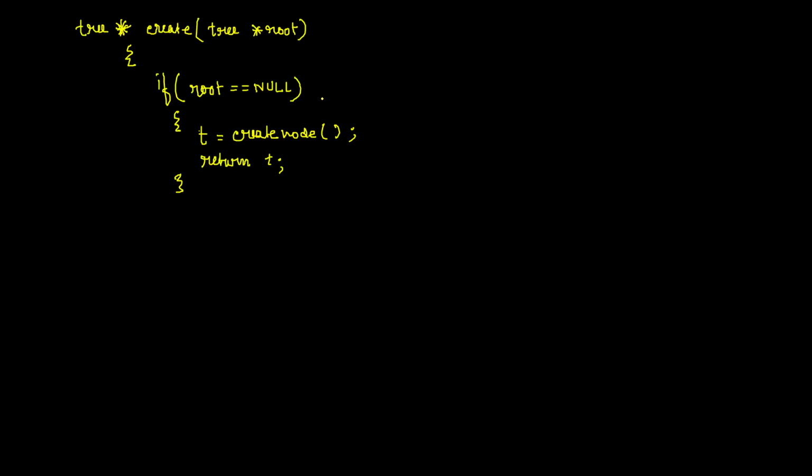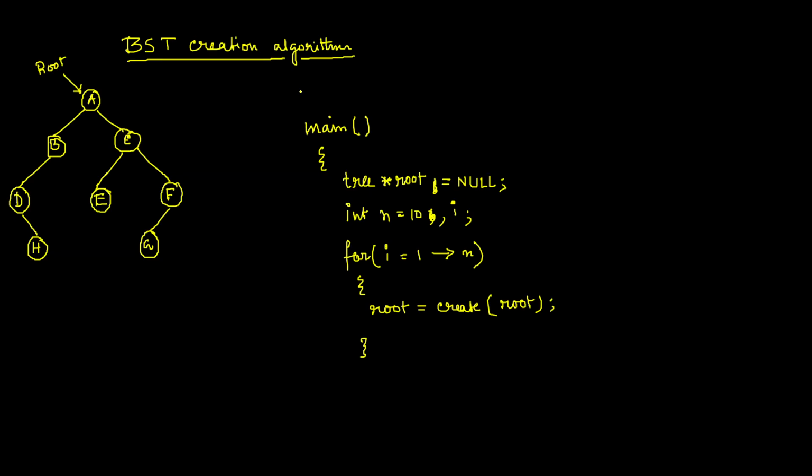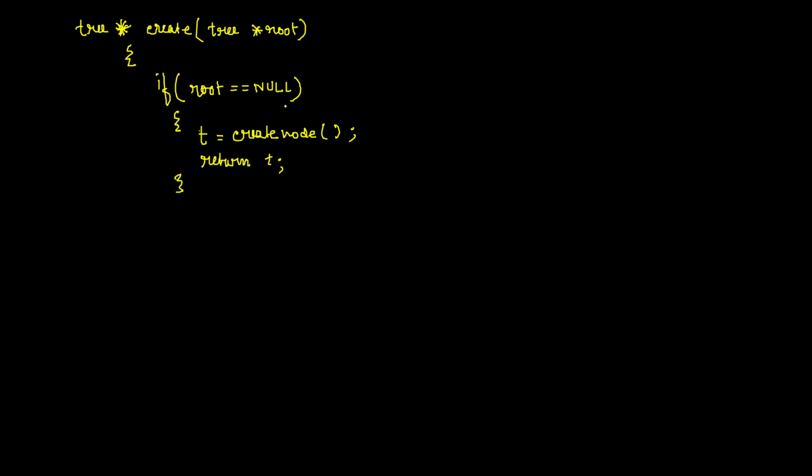And then anyway, what we have done is we have created this root, and now this is pointed to by root. So that means now root contains 100, right? Since root is pointing to this node, root contains 100. So now the next time the create function gets called, root contains some valid address, and this if will be false.